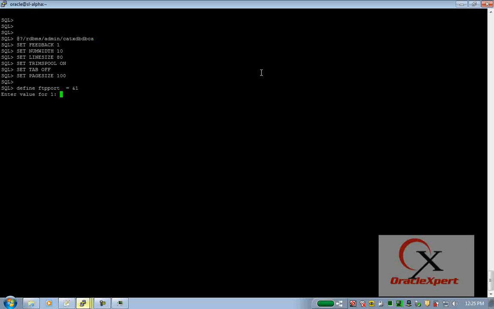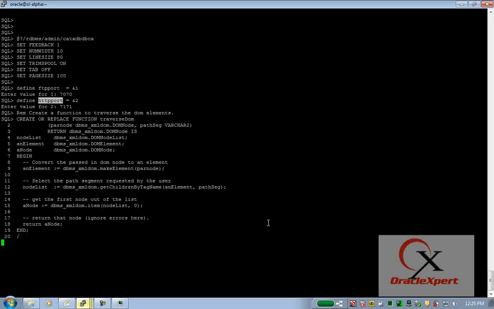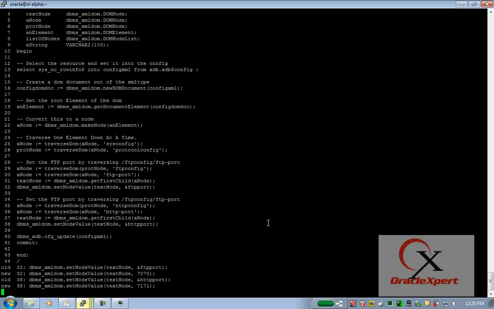So it says enter FTP port number. I said 7070. It says now enter HTTP port. I said 7171. That's it. Wait. So it registers the raw presentation layer with the listener using FTP and HTTP protocol.